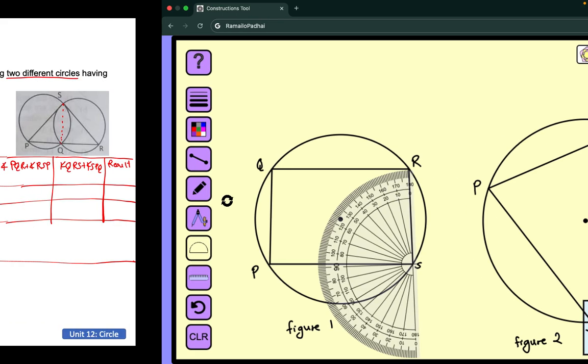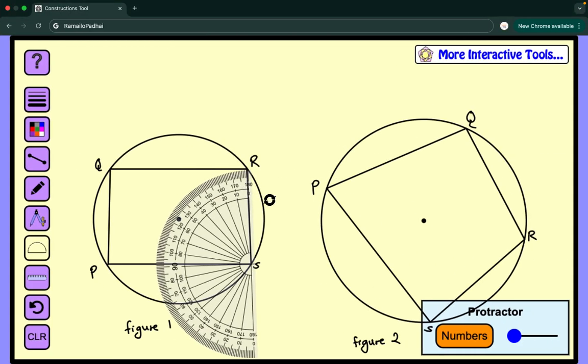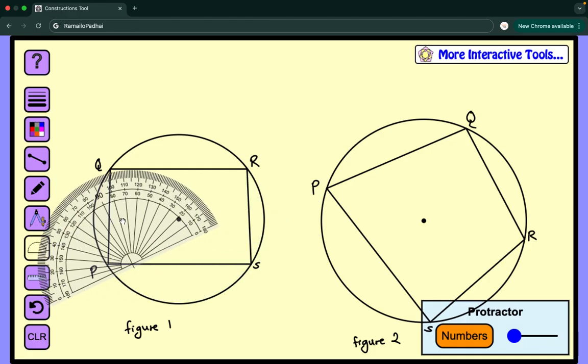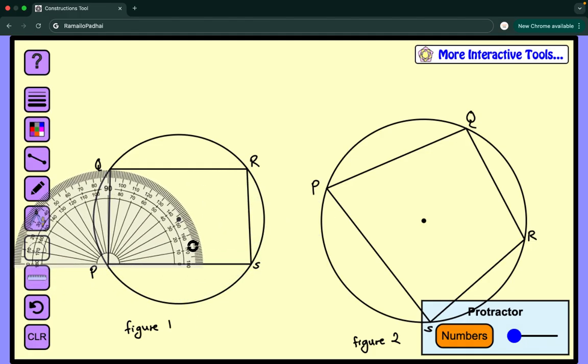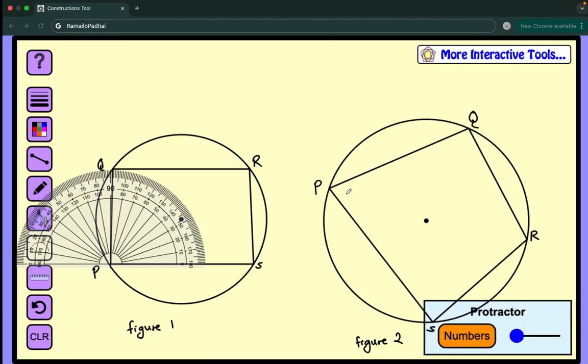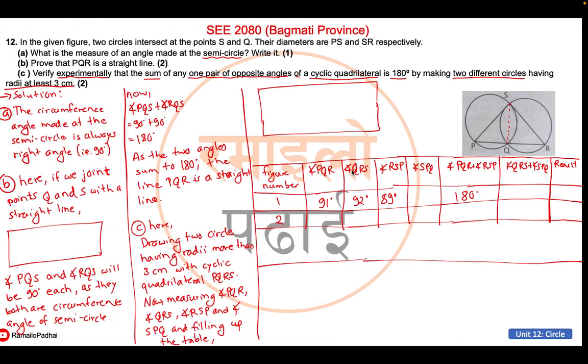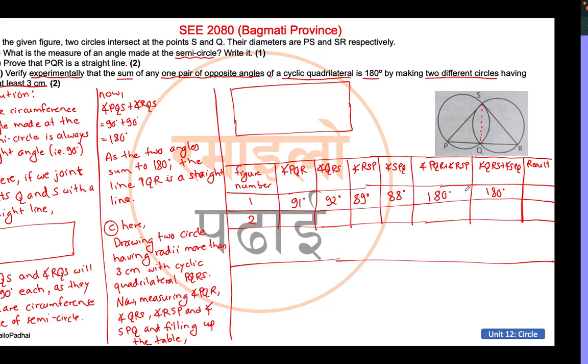It is showing 88, but we should write 89 degrees so that these two angles sum up to 180 degrees. And then we will measure SPQ. It is showing 89, but we will write 88 degrees, and that will also give us 180 degrees.